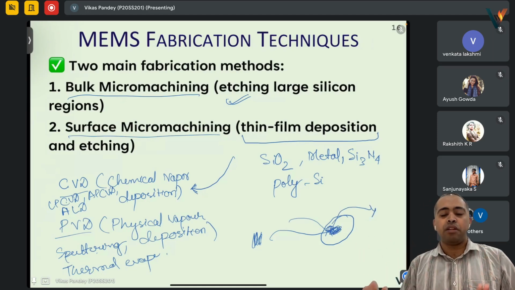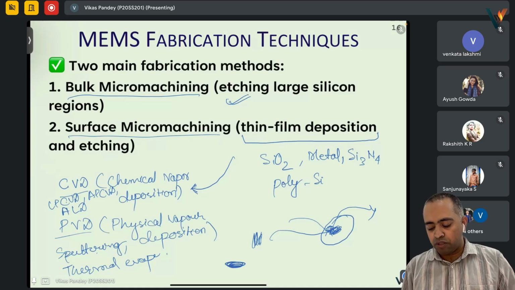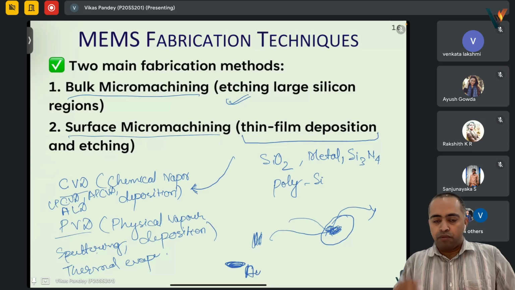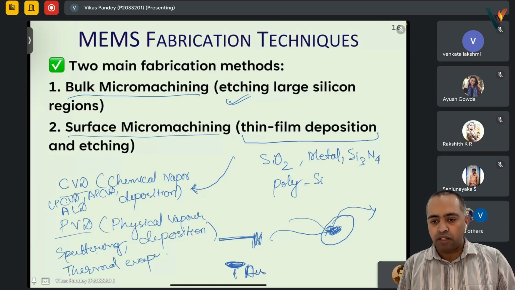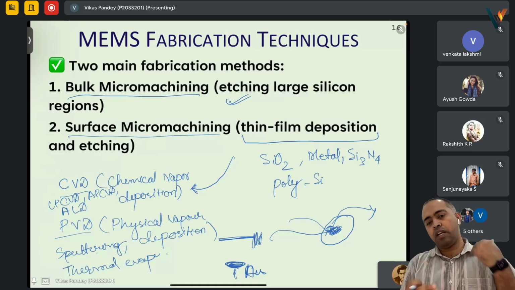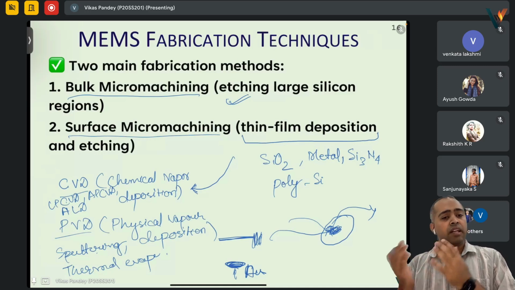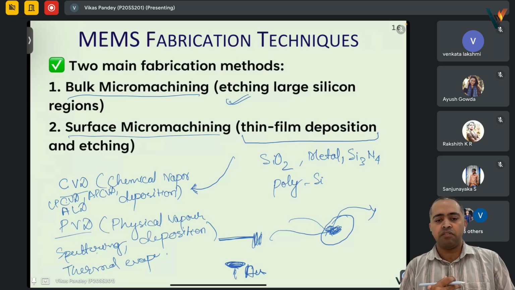That is chemical vapor deposition. Whereas in physical vapor deposition, we have the material to deposit, say gold. We evaporate it, or remove it particle by particle, and deposit it over our wafer. Each has advantages and disadvantages.